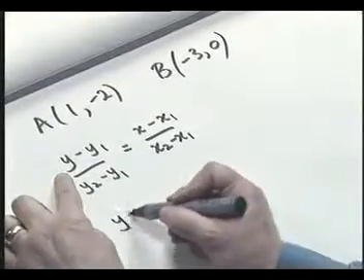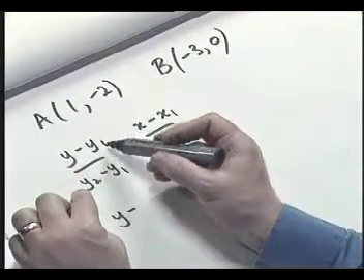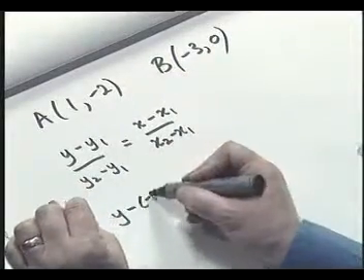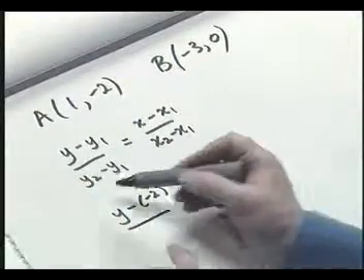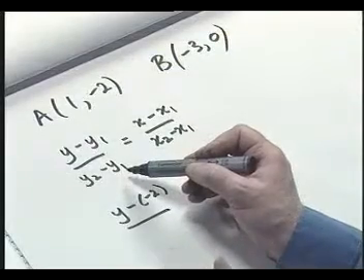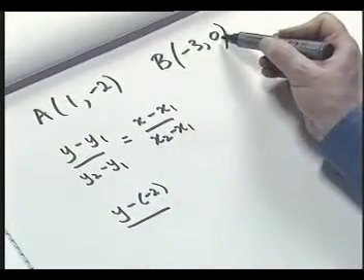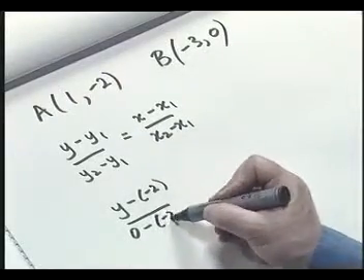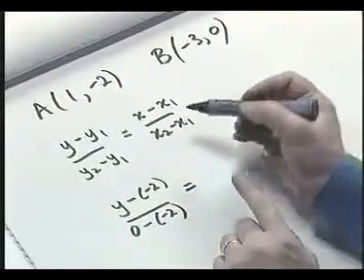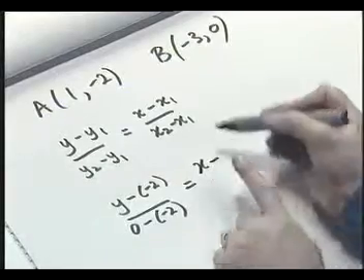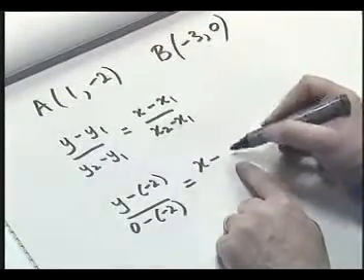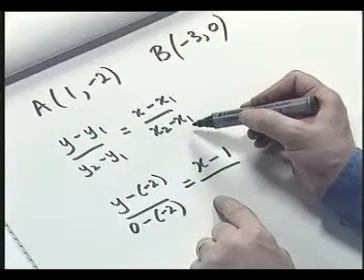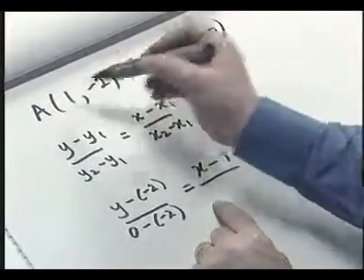So we want y minus y1. y1 is the first of the y values, which is minus 2. y2 minus y1 is the difference of the y values. That's 0 minus minus 2. Equals x minus x1, which is the first of the x values, which is 1. And x2 minus x1 is the difference of the x values. That's minus 3 subtract 1.